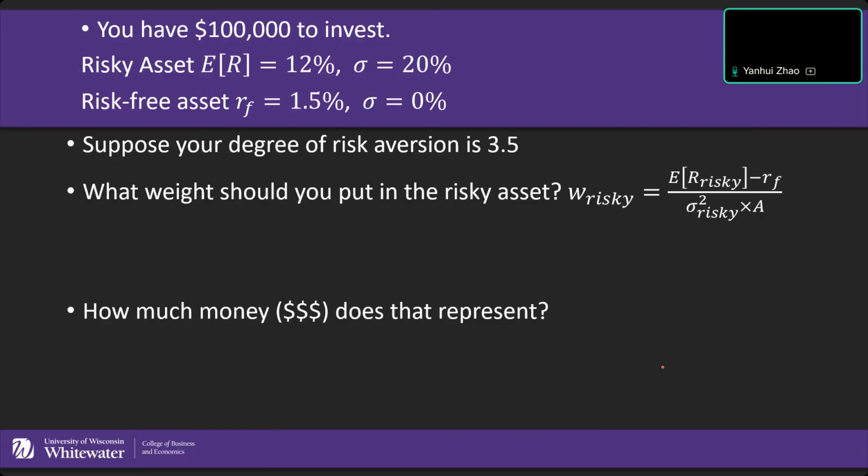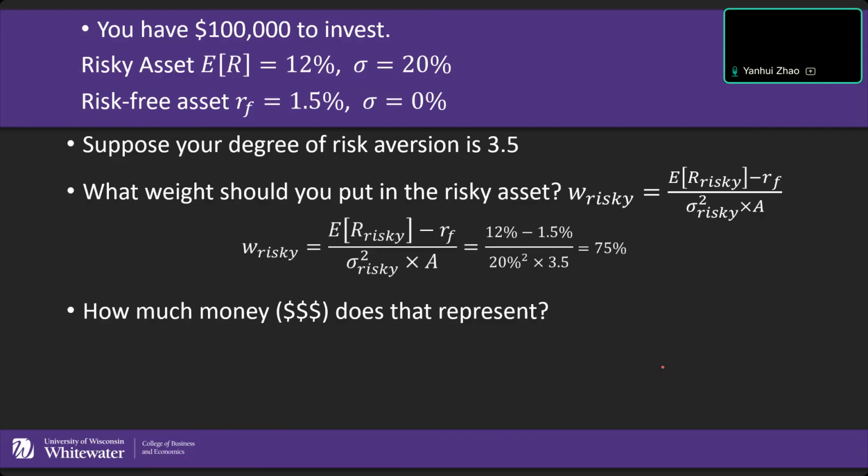What weight should you put in the risky asset? The formula is what we get here, and we can easily calculate it. The weight on the risky asset equals the expected return on the risky asset, which is 12%, minus the risk-free rate. So the numerator is 12 minus 1.5, that is 10.5%.